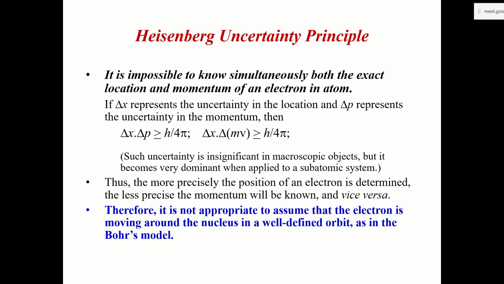So you understand the uncertainty principle. Position of electron: if you are more precise with the position, you will be less precise with the momentum and vice versa.